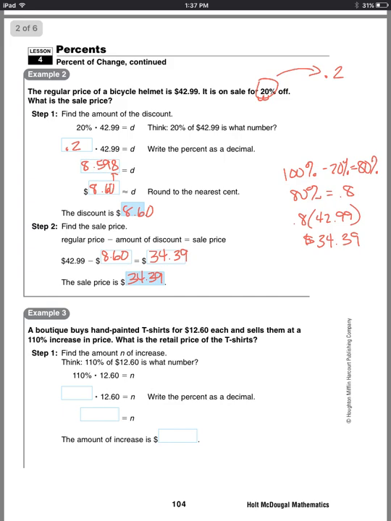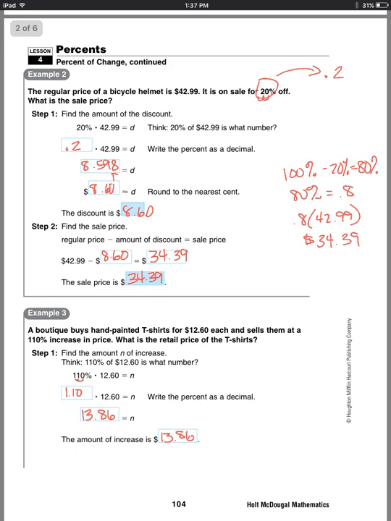So first we're going to write our percent as a decimal. So we get 1.10 of $12.60, and we get 13.86. So the amount of increase is $13.86. Okay? Well, that tells us the amount of increase, or how much they marked the shirt up.